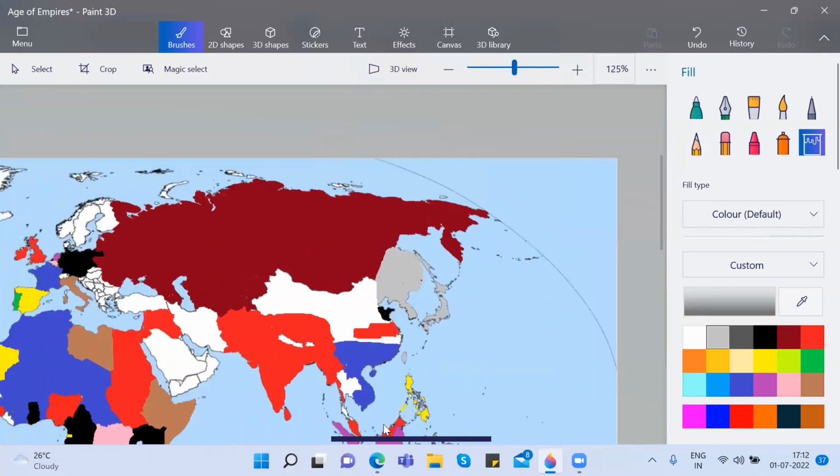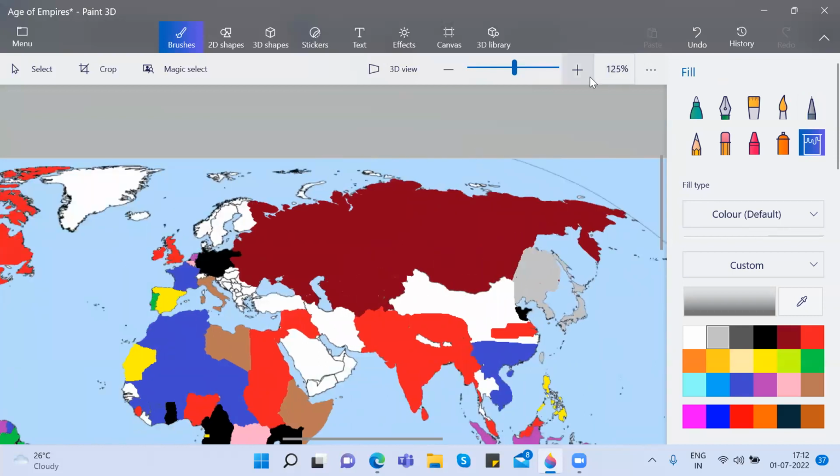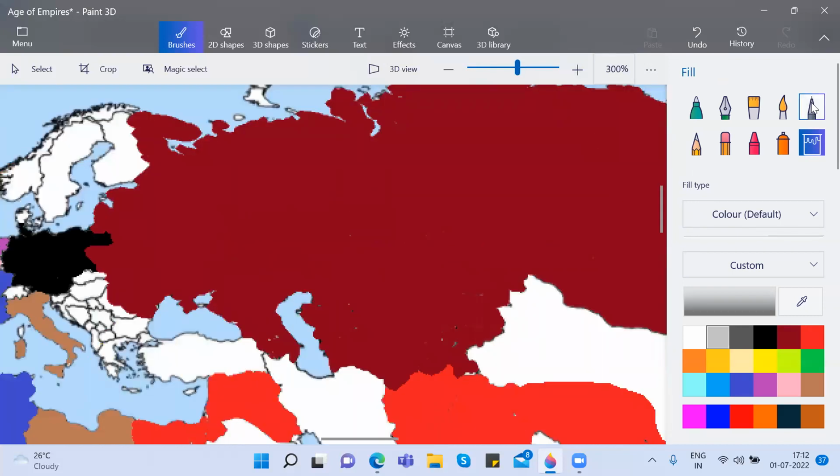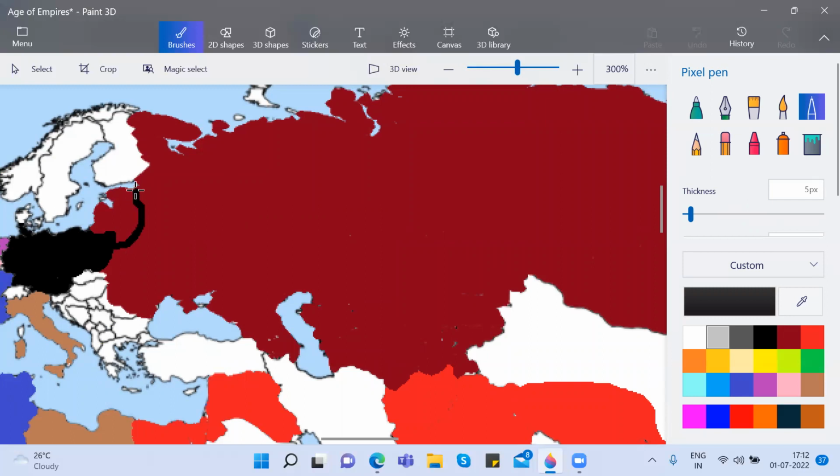But looking at how weak Russia is, Germany decides to start a little invasion, and they move eastwards. They easily occupy some Russian land, taking out all the Baltics and a little extra land.